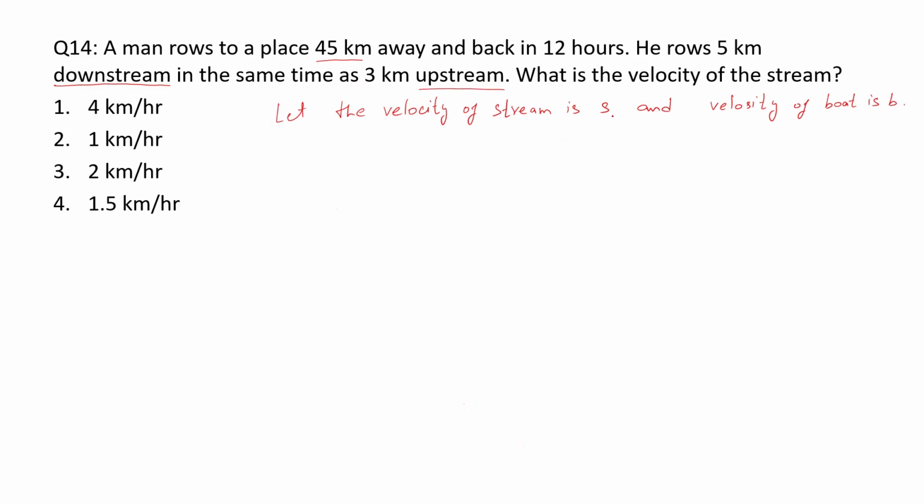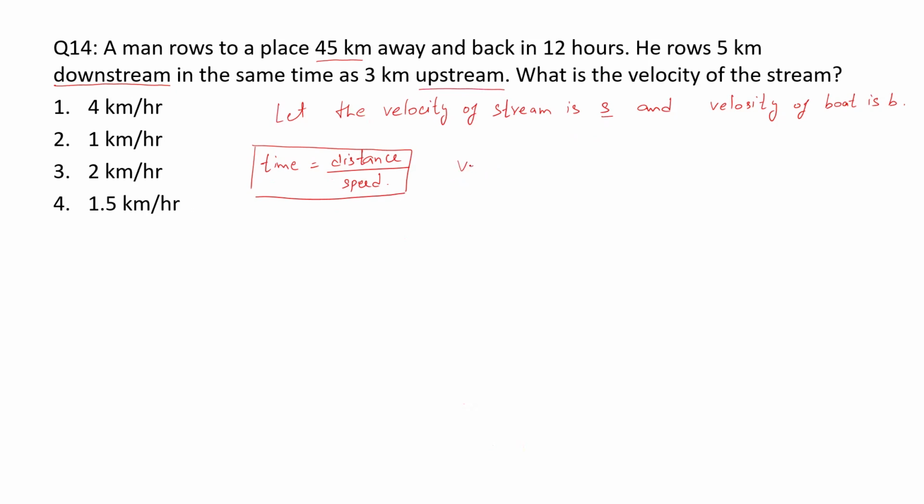Now, one formula: time is equal to distance upon speed. You already know this formula. Now, see, he rows 5 kilometers downstream.